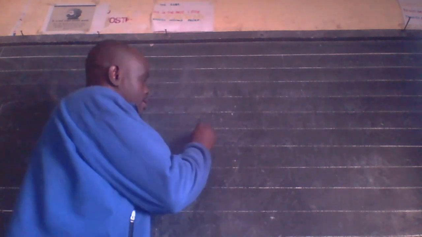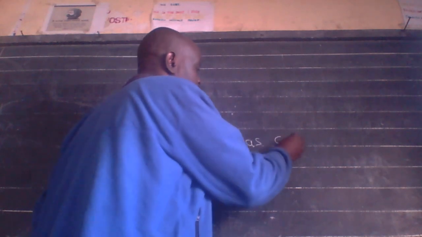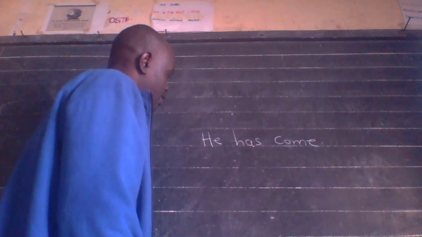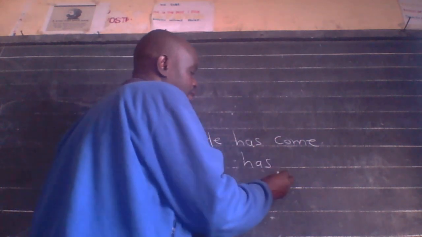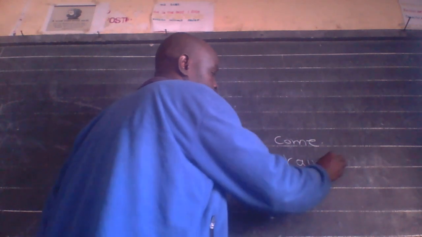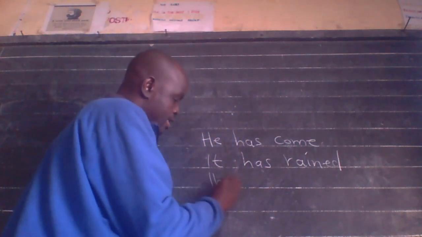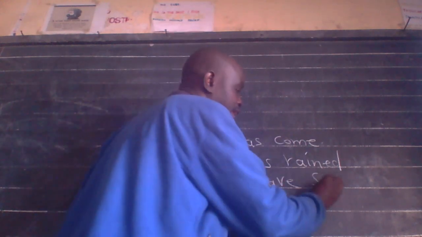Let's see, get an example here where we can say, he has come. This is a very simple one. He has come. I can also say, it has rained. Give a last example here and say, they have sung.